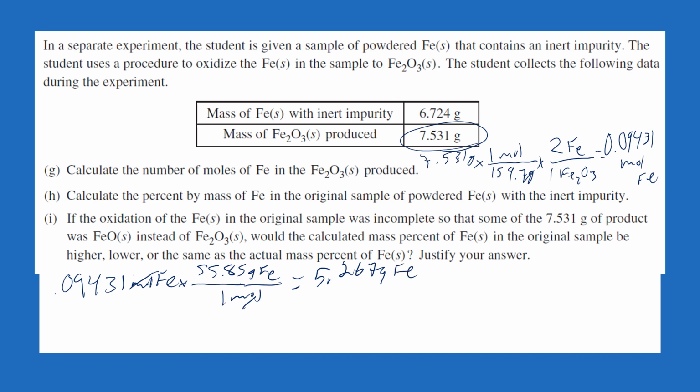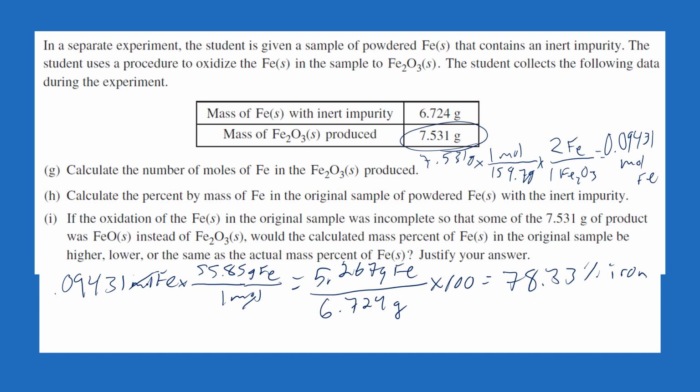And then we can divide by the total mass of the original sample, the 6.724 grams, times 100 to find the percent by mass. And you get 78.33%. That was iron. So like 22% is the impurity-ish.